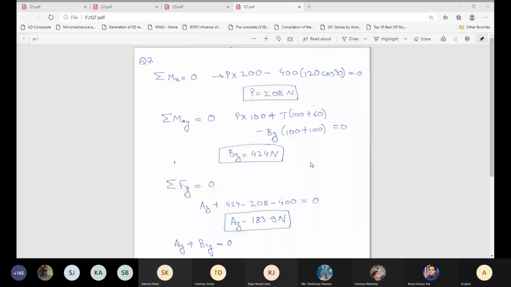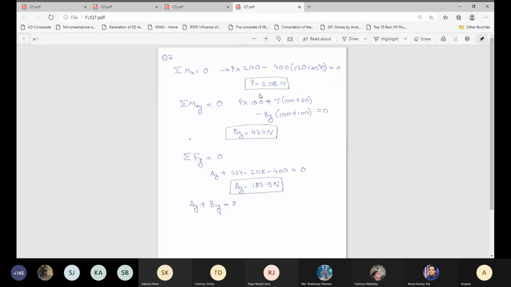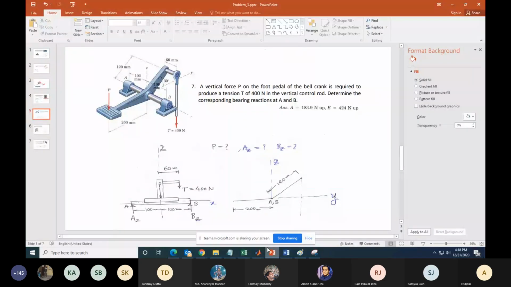Scroll it down. But it is just this much. The whole solution is in one screen. Sir, could you just once show the FBD? Okay, done, sir.